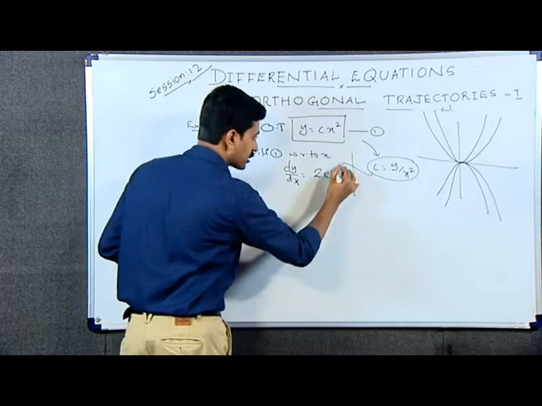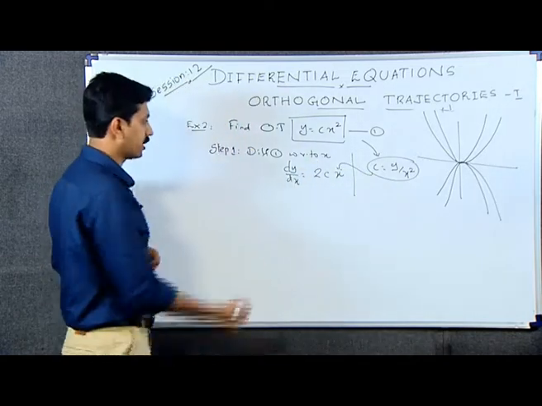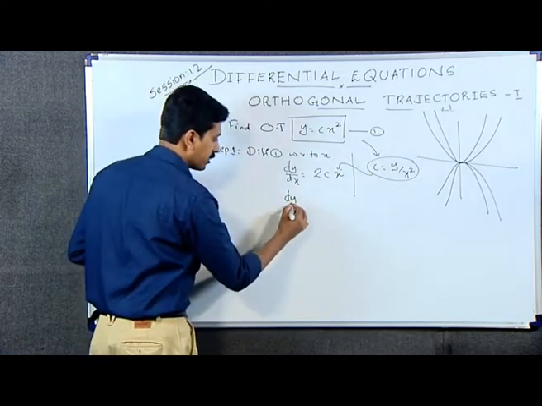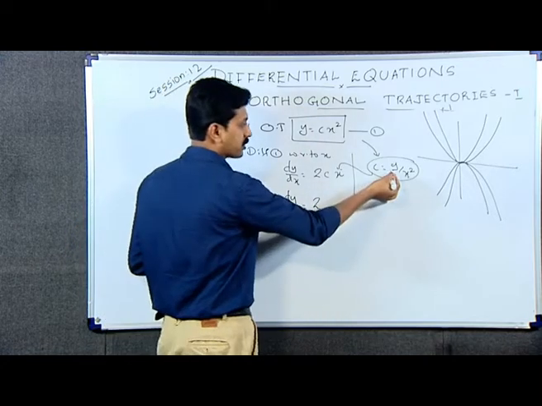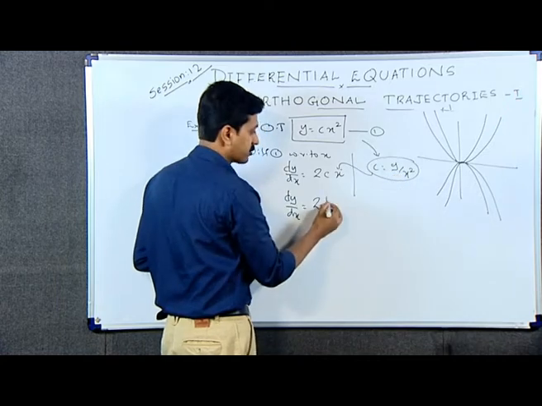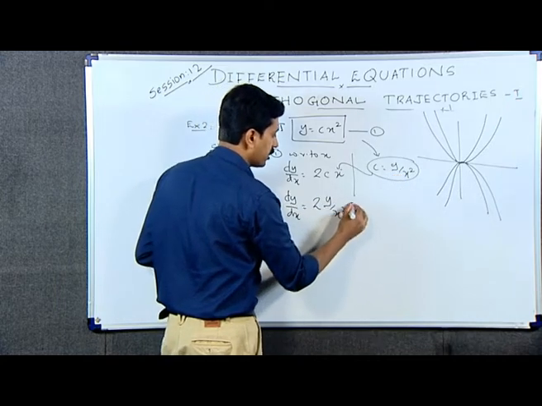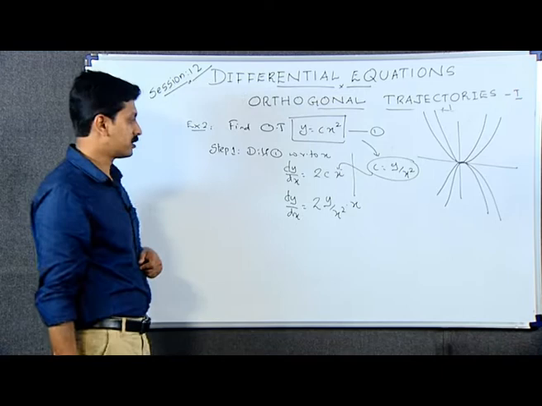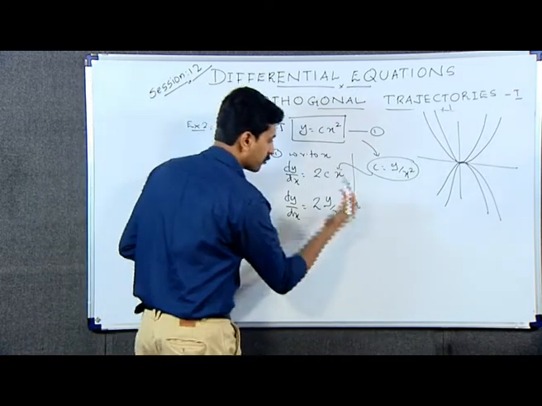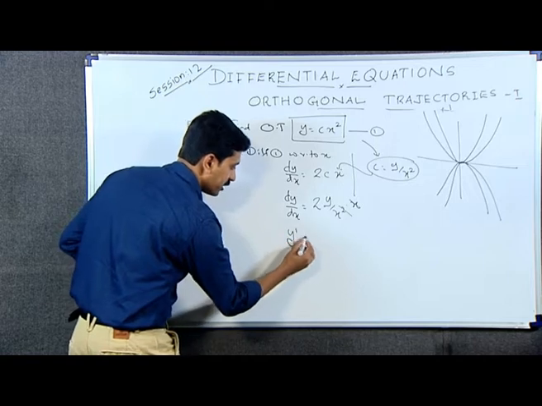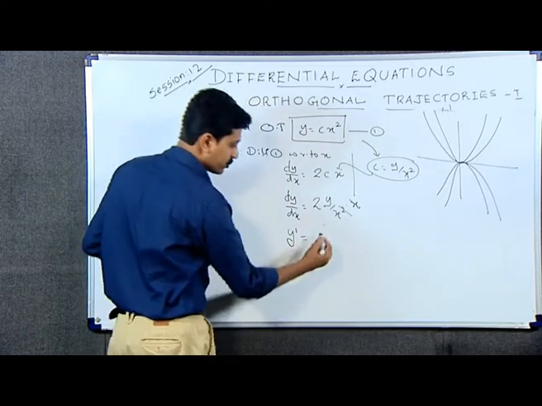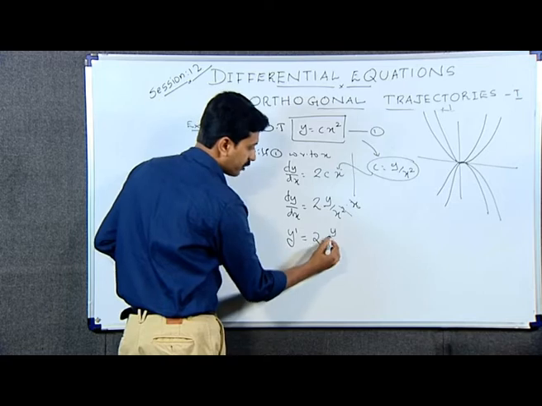I am replacing the value here. dy by dx is equal to 2, and instead of c we replace y by x square, times x. So, we can cancel one x, and we will have y dash, dy by dx, equal to 2 y by x.